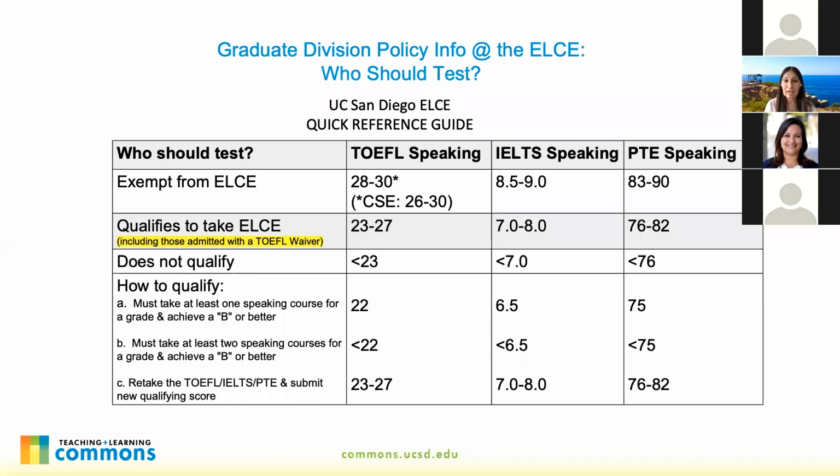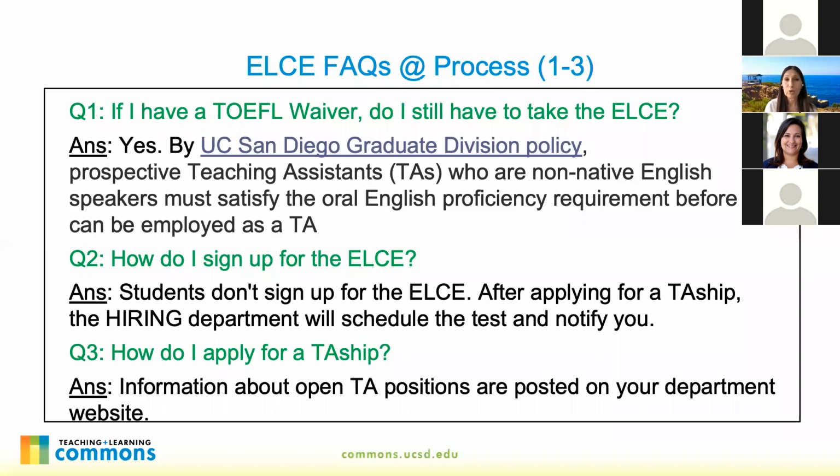Okay, next slide, please. More questions here. These are the most common questions about process, and we have a lot of process. So if I have a TOEFL waiver, do I still have to take the ELCE? I just answered that. Yes, by Grad Division policy, you have to take it before you can be employed as a TA. How do you sign up for the English test? You don't sign up for it.